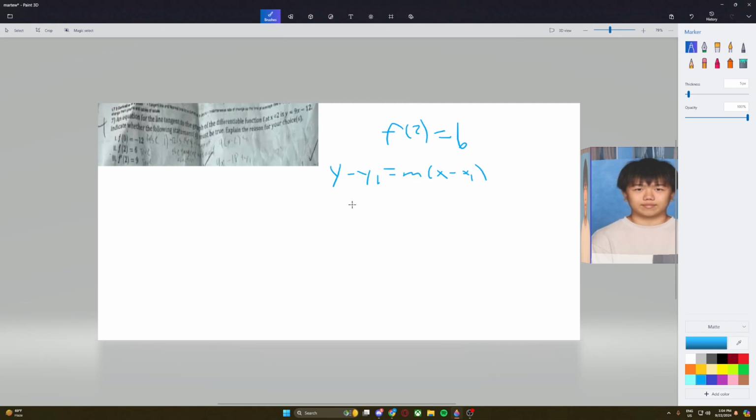The equation you're given is not in this format, and in order to get to this format we need to know what x1 and m are. We do know those values: m is 9 and x1 is 2. So let's plug in.